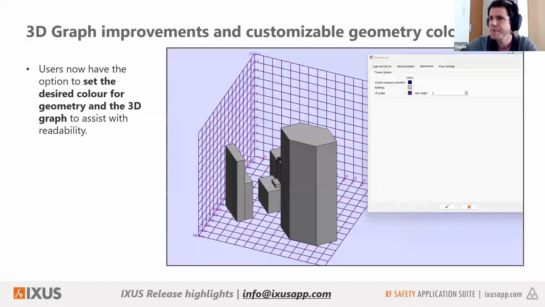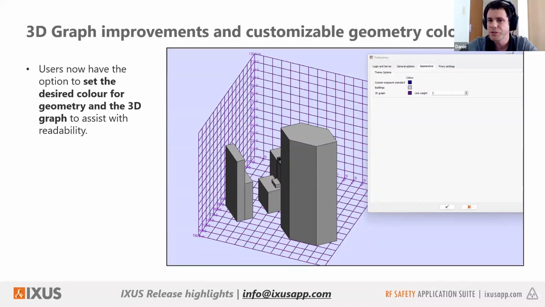The next one is the 3D graph improvements as well as the geometry colors. We now have the option to change the geometry color from the default brown color to something else.